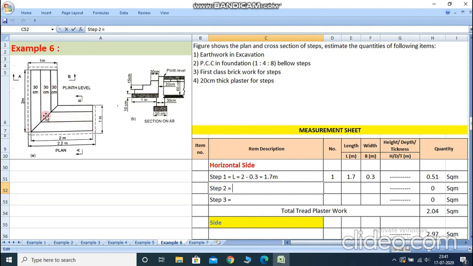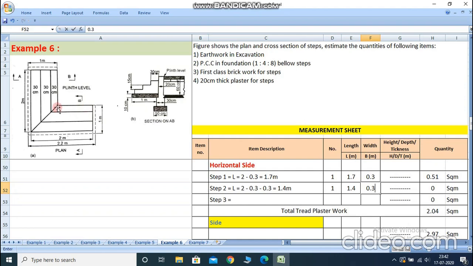So 2 meter minus 0.3 minus 0.3, so length is equal to 2 minus 0.3 minus 0.3 is equal to 1.4 meter. Now we put 1.4 meter, and the width given in the example is 30 centimeter; please convert to meter. Now for step 3, this part.